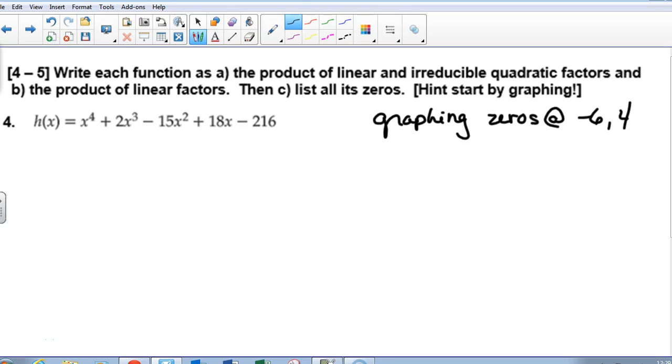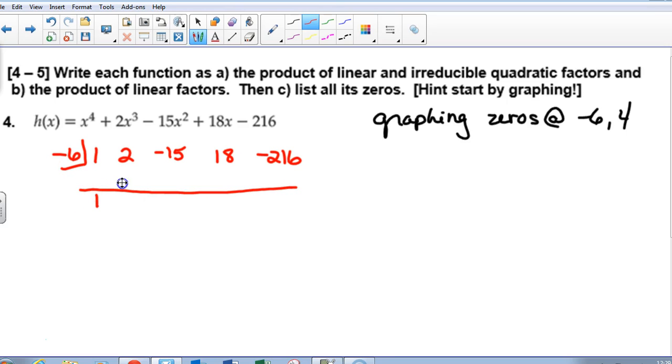So, anybody remember what we did yesterday? We can do synthetic division, yep. I'm going to do -6 first. It doesn't matter which one we do first. 1, 2, no placeholders, right? Might need a calculator. These are getting big.